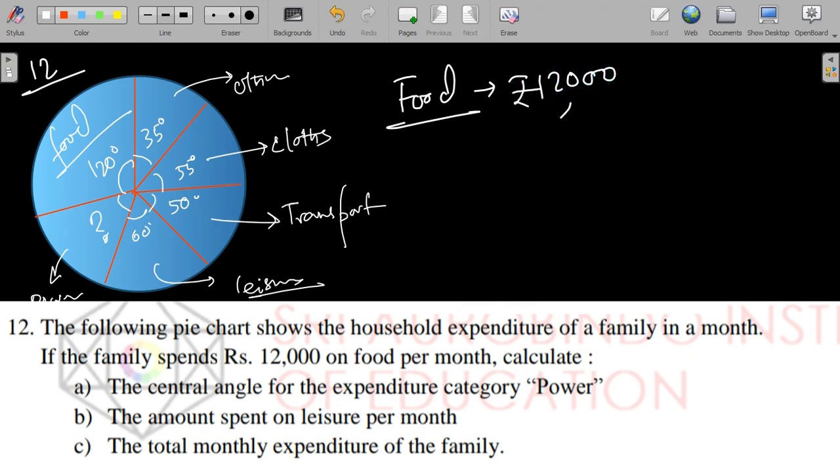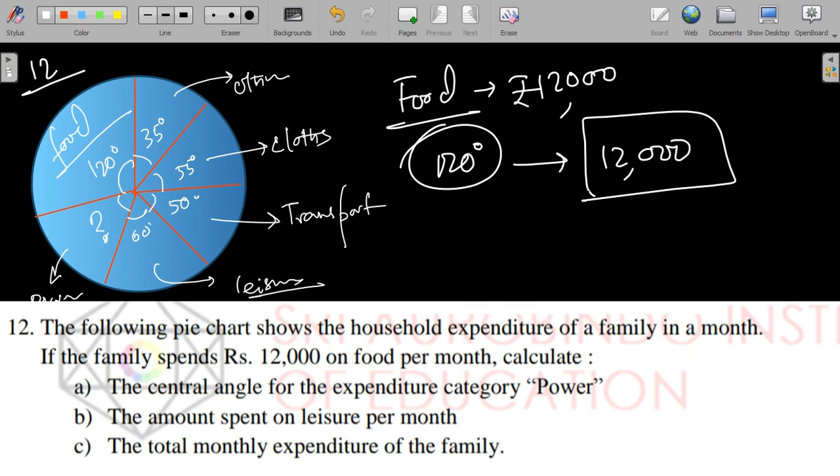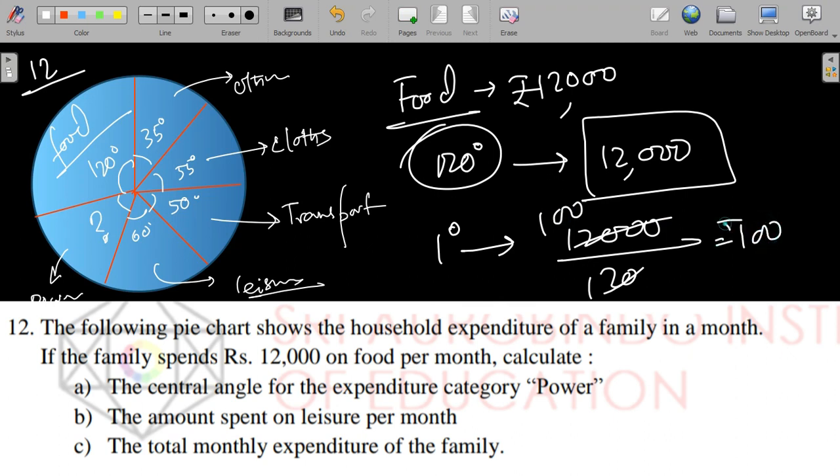The 120 degree angular value is equivalent to 12,000 rupees. Using a simple unitary method, you get 100. So in terms of expenditure, 1 degree means 100 rupees.